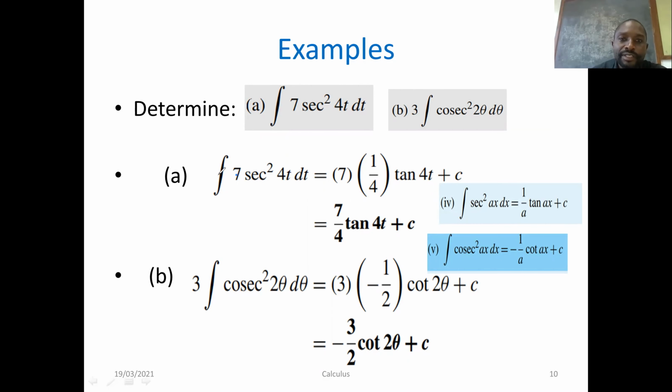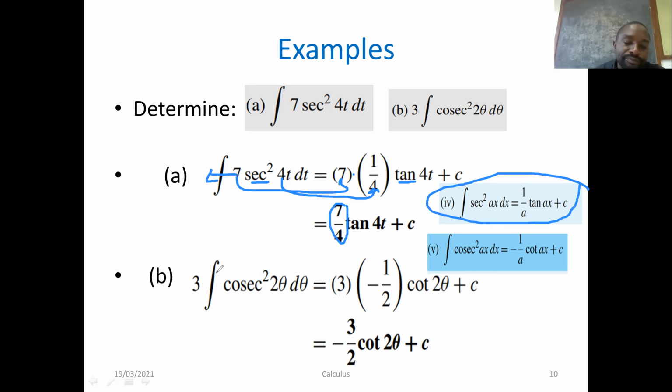Again, what you can do here, this 7 can be factored out, which is what you have here as your 7, multiplied by the integral of sec squared is tan, but because tan 4θ divided by the 4 here, simplifying this, you get 7 over 4 multiplied by tan 4θ plus c. Again, we are basically borrowing this from this standard integral for sec squared.